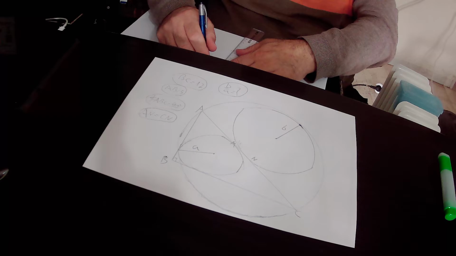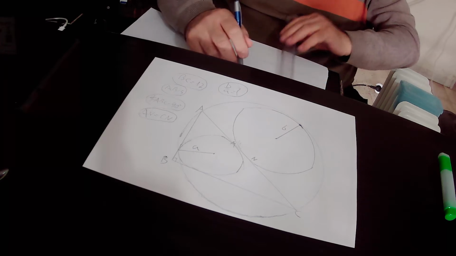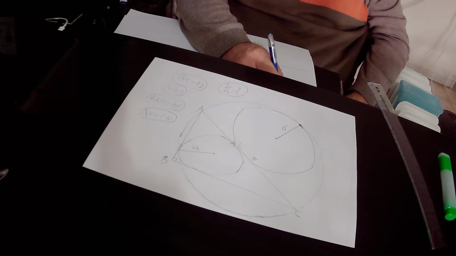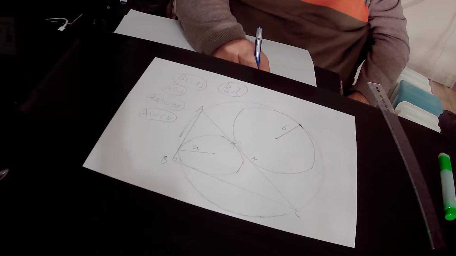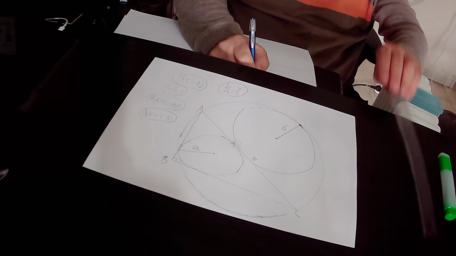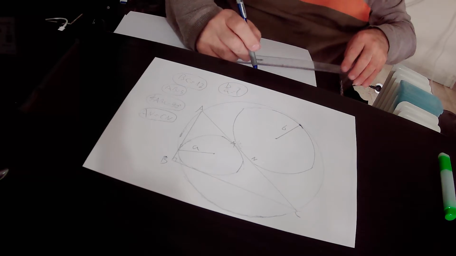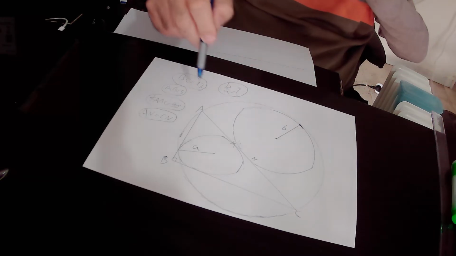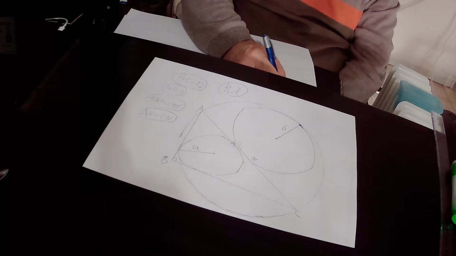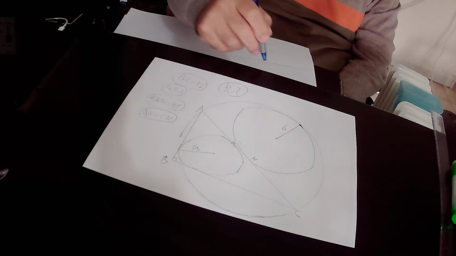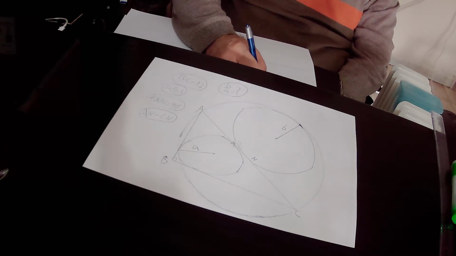According to the Pythagoras theorem, in any right triangle, the square of the hypotenuse equals the sum of the squares of the perpendiculars. In the right triangle ABC, the hypotenuse is AC, therefore the square of the hypotenuse is AC squared, which is equal to AB squared plus BC squared.